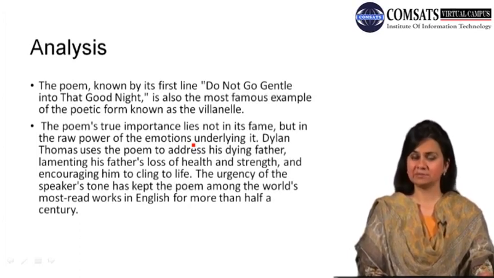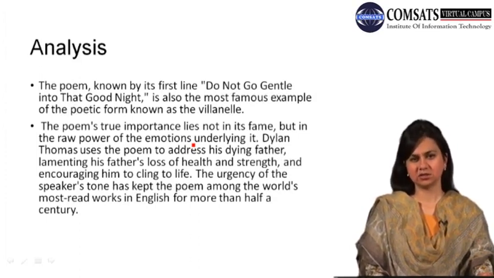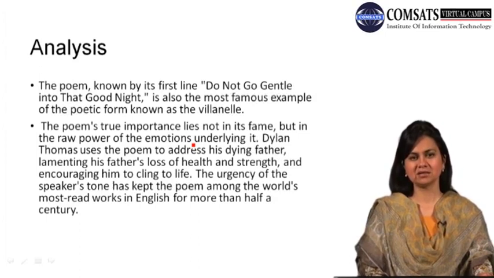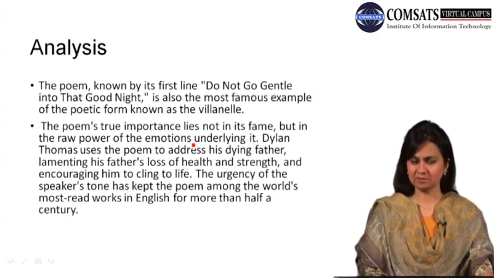Then another important aspect that we are supposed to look at is to locate the speaker as well as the audience of the poem. Now, generally we assume that the reader is the audience of the poem. We are the audience of the poem, because we seem to identify that the poem is addressed to us as it is read by us.